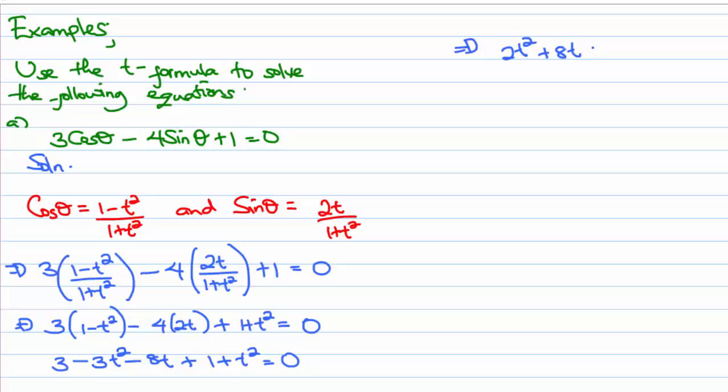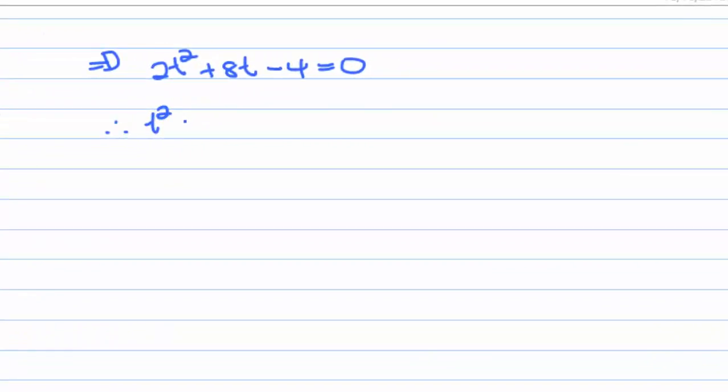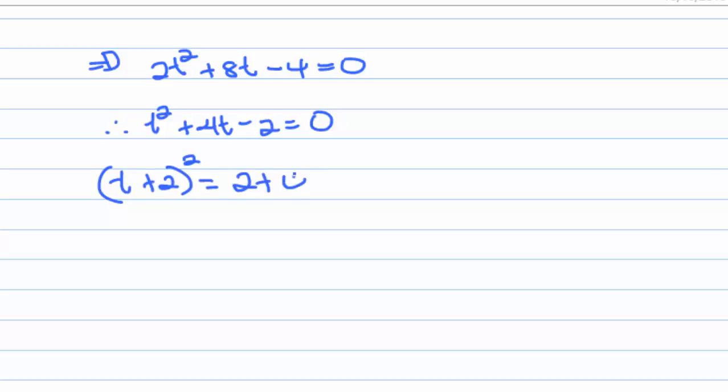And this is a quadratic equation in terms of t. If you cannot still solve quadratic equations, I'll refer you to videos of algebra. So we divide through by 2 because we want to make t squared with the coefficient of 1. I'm going to use completing squares. You can use any other method, however I find this convenient for me. So once I complete squares, I'll obtain t is equal to plus or minus the root of 6 minus 2.